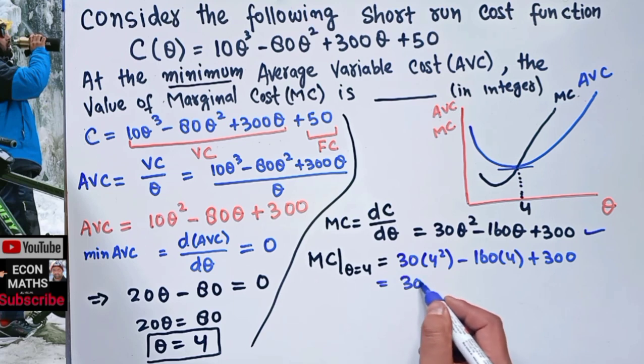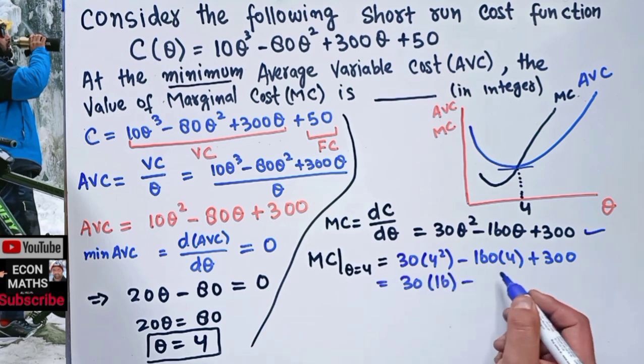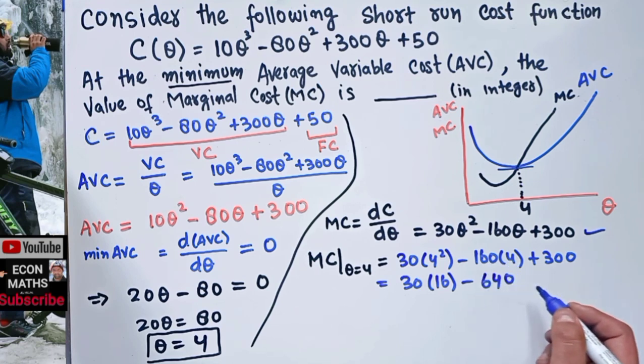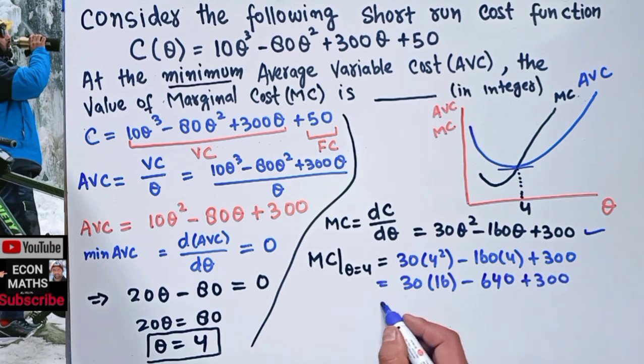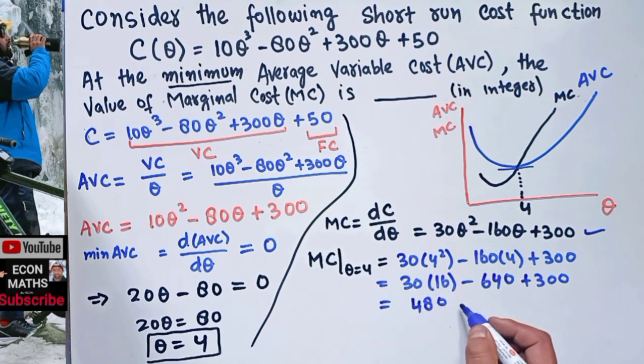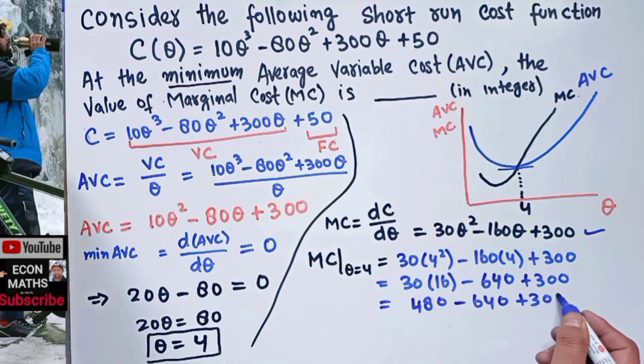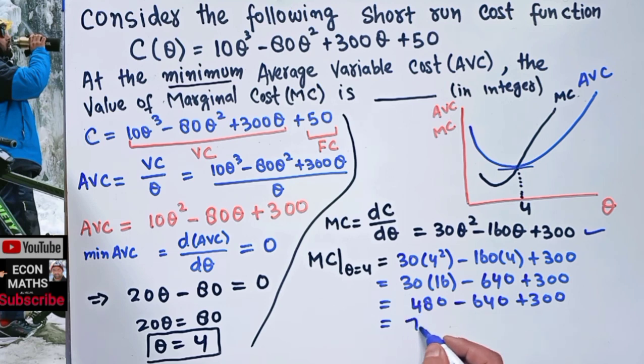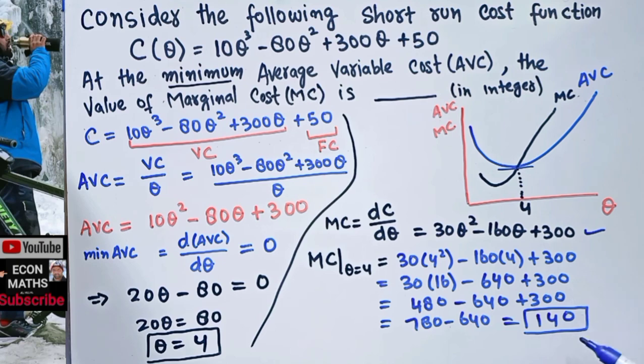So this is 30 into 16, which is 480, minus 640 plus 300. This comes out to be 780 minus 640, which is 140. That means the marginal cost where average variable cost is minimum is equal to 140.